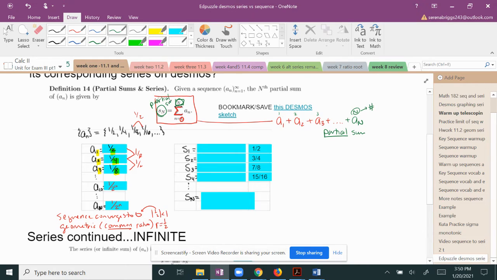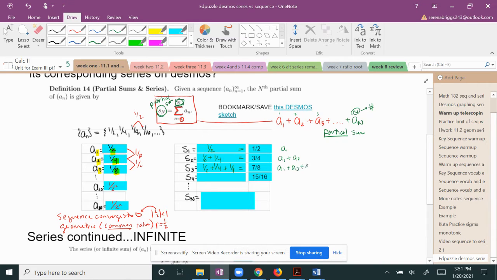And if I'm going to write a formula for the partial sum, I have to calculate them just like I did with sequences. The first sum is take the first term and add it to nothing. So the first sum is just 1/2. The second partial sum is take 1/2 plus 1/4, the sum of the first two terms, A sub 1 plus A sub 2. The third partial sum is take A sub 1 plus A sub 2 plus A sub 3 also.